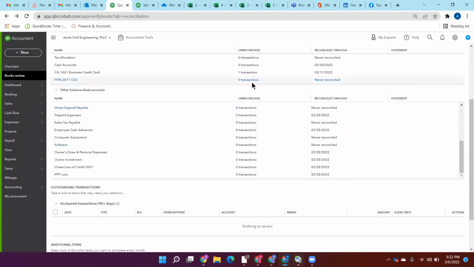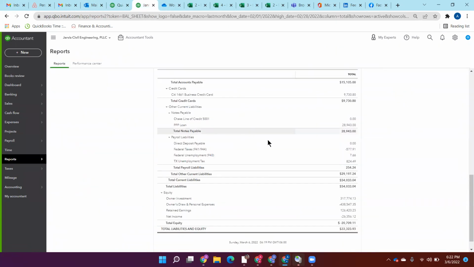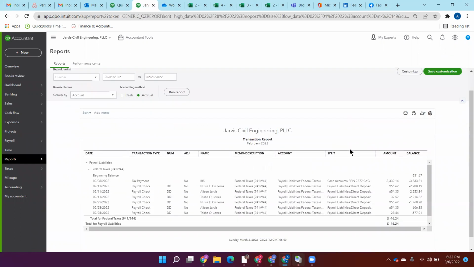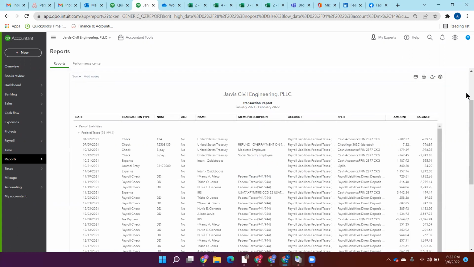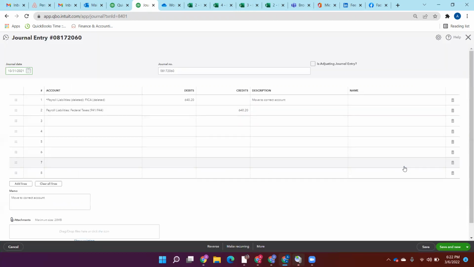And when I went into that account, I could tell Inez, the bookkeeper, had done work because there is a journal entry where she had corrected FICA, I think it was, or FUTA, moving it to the correct account.